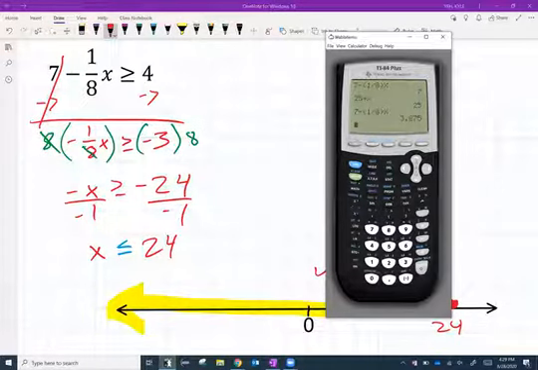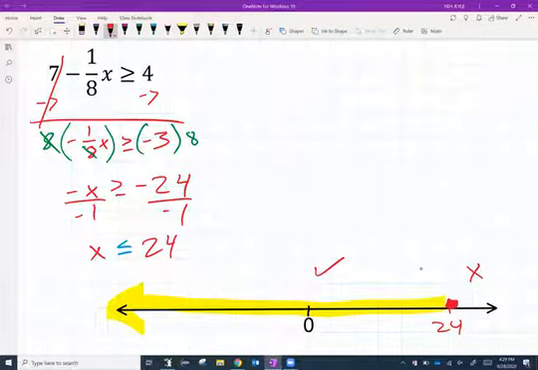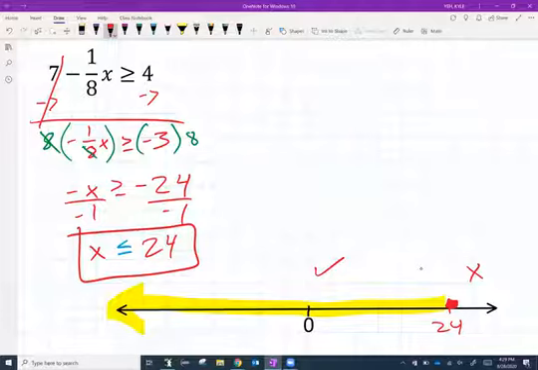This is 3.875. Is that greater than or equal to 4? No. So looking at that original inequality, it's not greater than or equal to 4. So it didn't work, which we didn't want it to. We didn't shade it, so we were hoping it didn't. This answer is looking better by the minute.